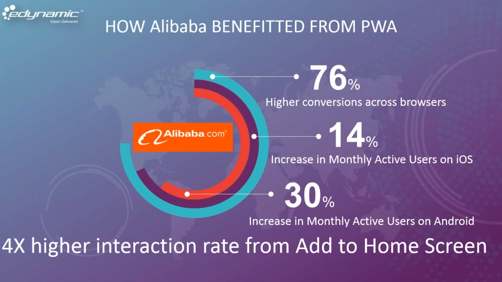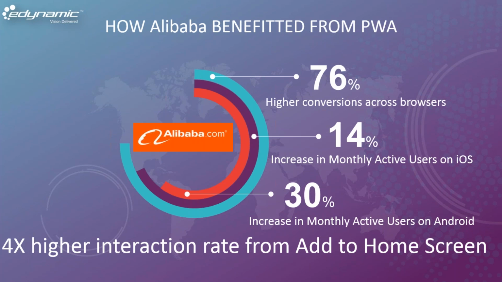So the first one is Alibaba. Prior to adopting PWAs, Alibaba was obviously a giant in e-commerce, so it was doing very well. But from the time they got PWAs, these are the statistics that improved. There is a 76% higher conversion across browsers, and we are talking about browsers across devices.